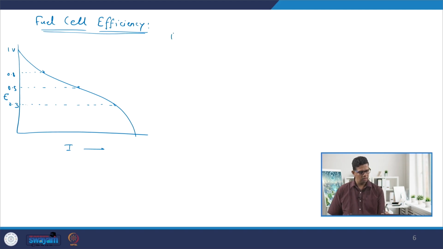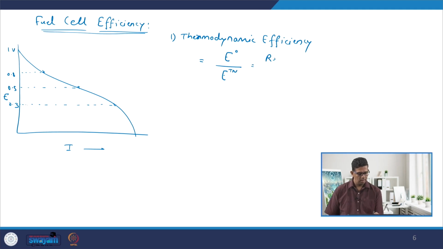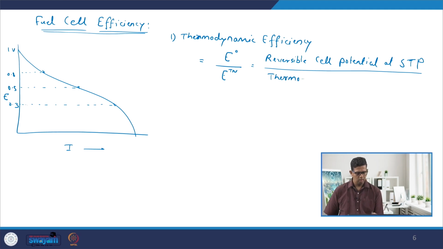First and foremost, the efficiency that we need to find out is the thermodynamic efficiency, which is nothing but the ratio of the reversible cell potential E naught at STP divided by the thermoneutral potential.